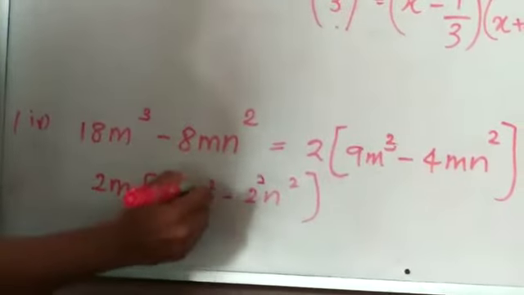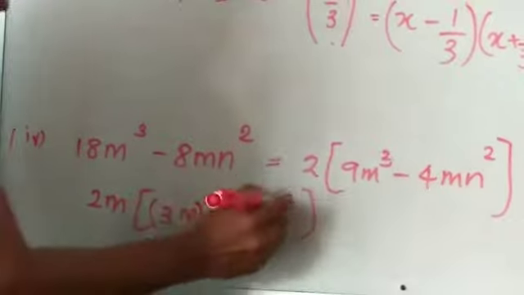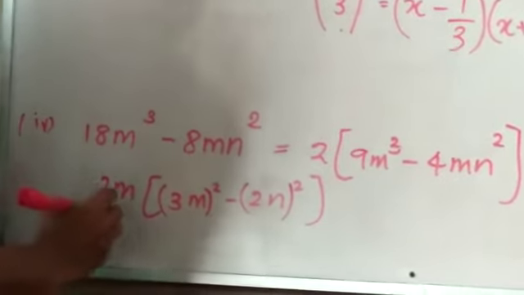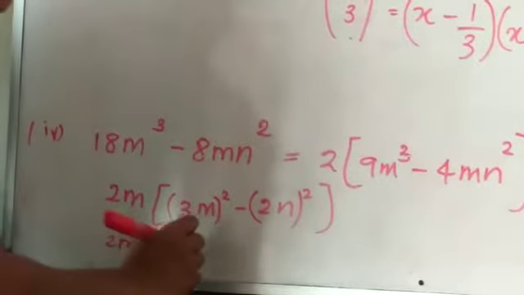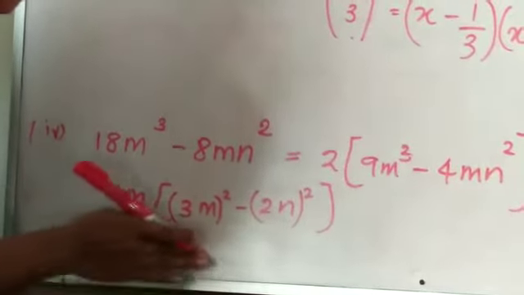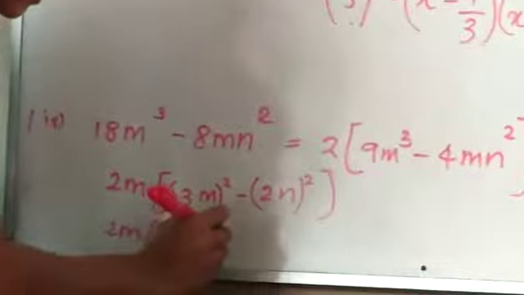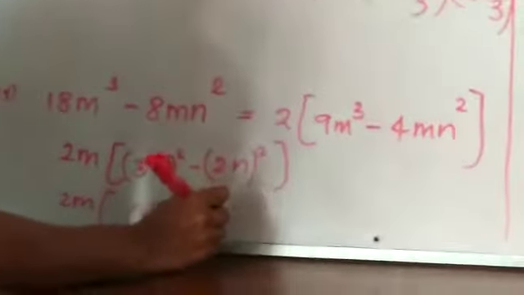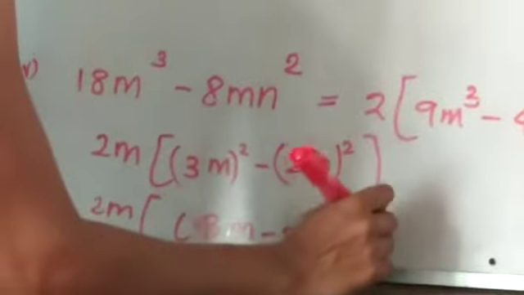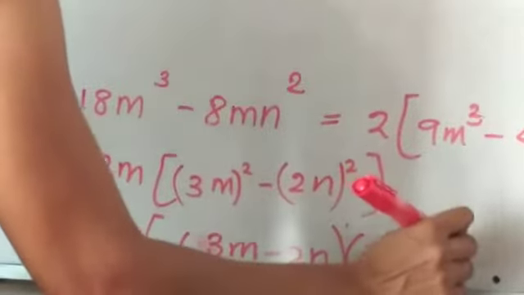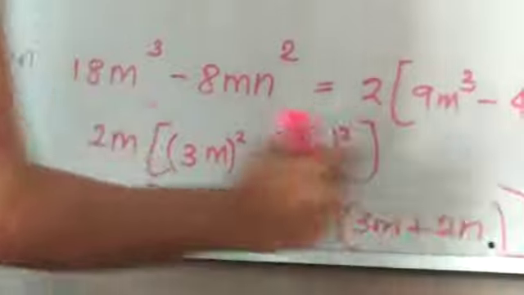So now I can place this as whole thing squared. So I can rewrite my answer as 2m(3m minus 2n)(3m plus 2n). Now we will move on to the next part.